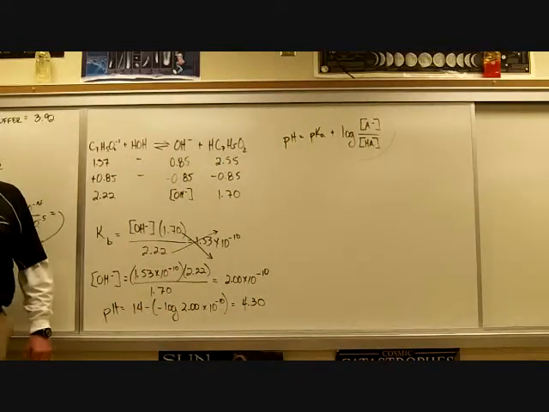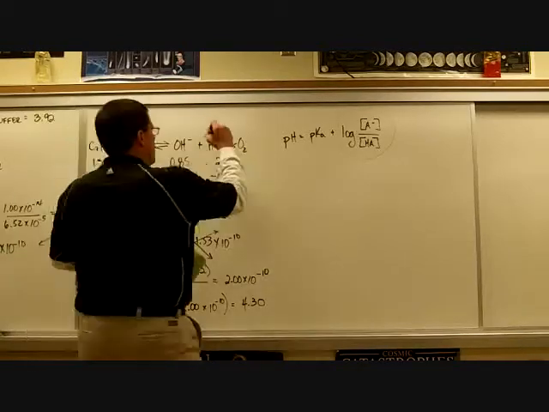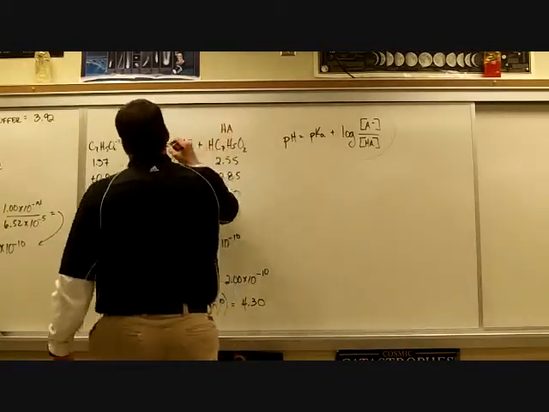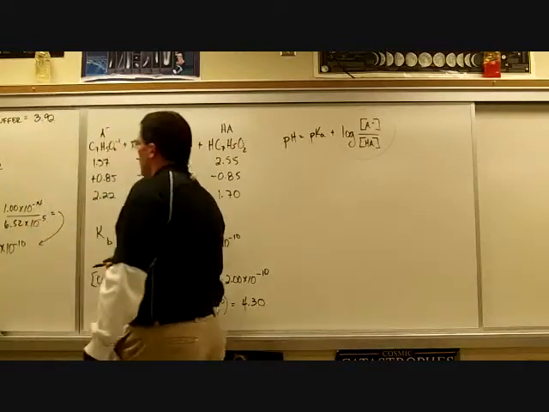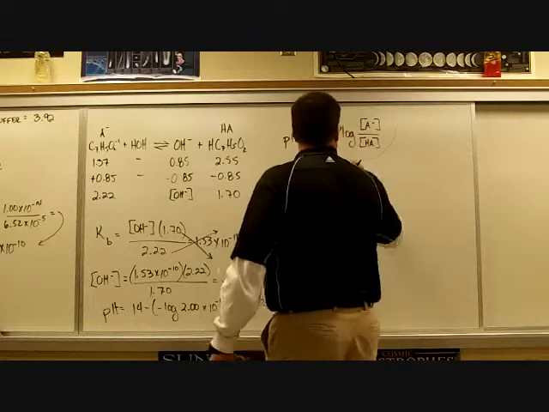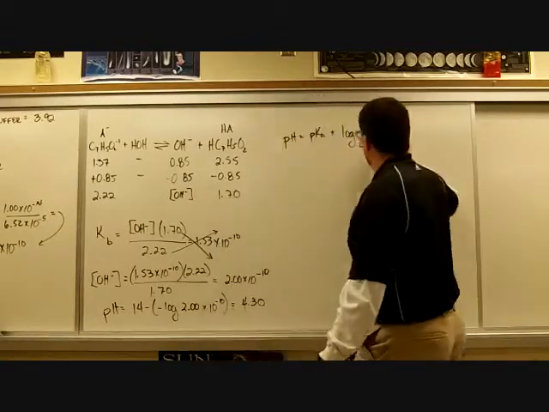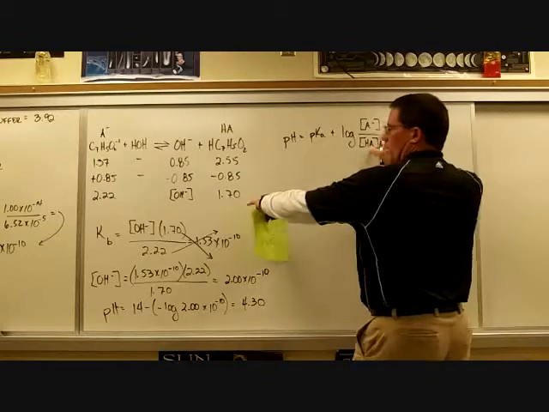In other words, it's asking for the weak acid. Right here is my HA, and this would be my A minus, if you know the concentration at equilibrium. So we'd have our value for HA right here at equilibrium, not initial.